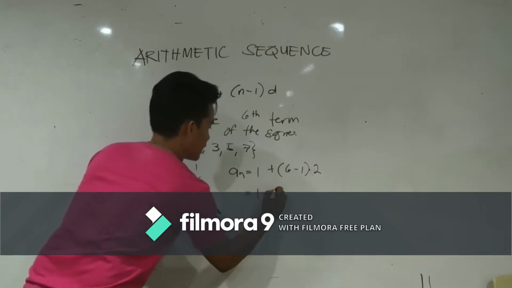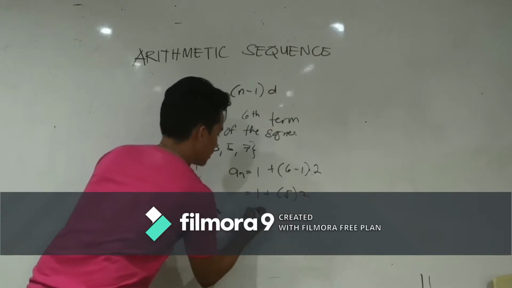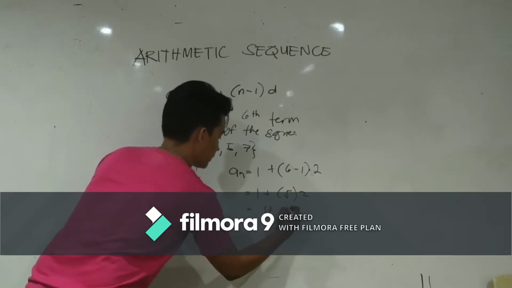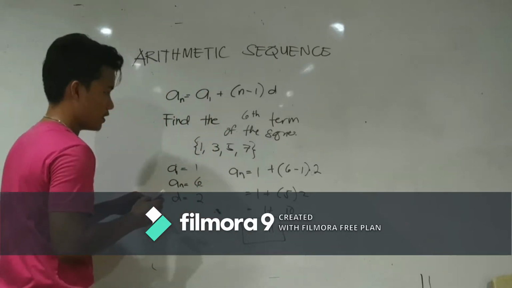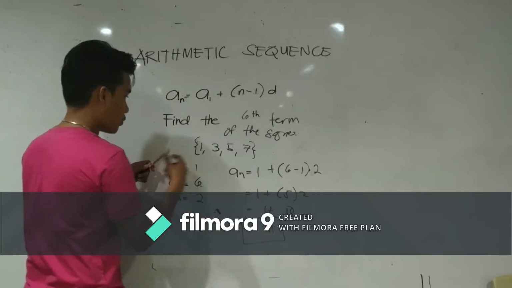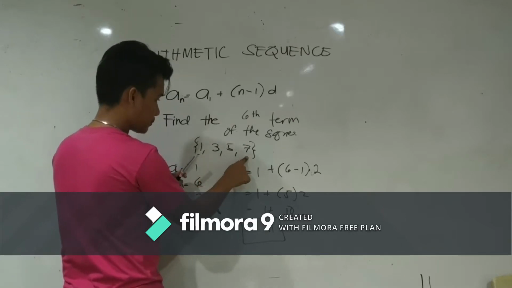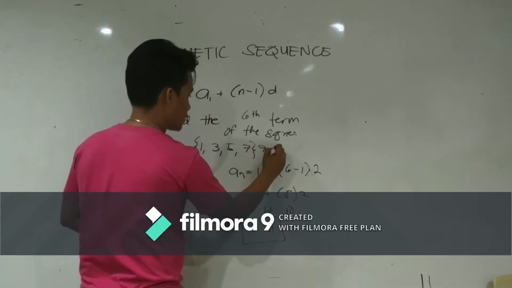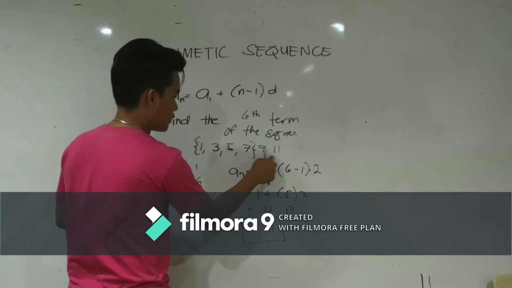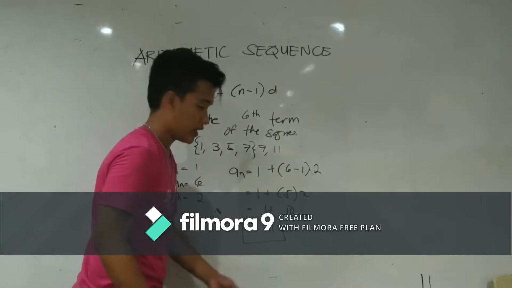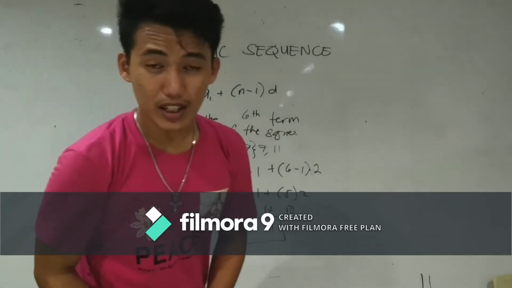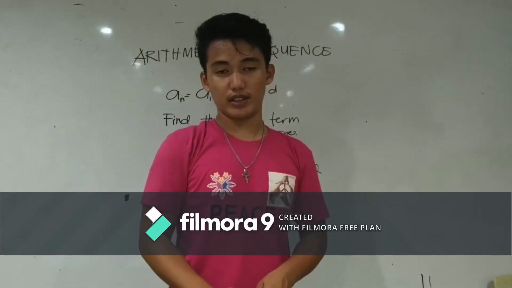So 1 plus 5 times 2, then 1 plus 10 is 11. So the sixth term is 11. Let's check. 1, 3, 5, 7, plus 2 is 9, plus 2 is 11. So 1, 2, 3, 4, 5, 6. The sixth term is 11. So we have the right answer. That's all for the arithmetic sequence.